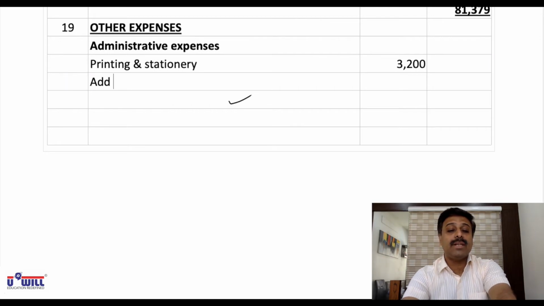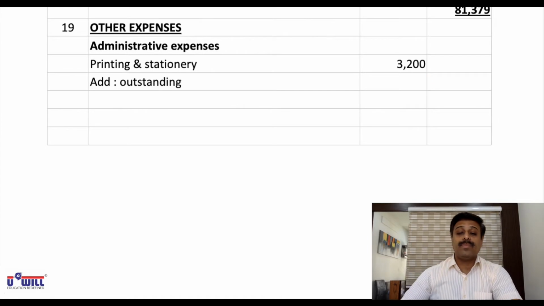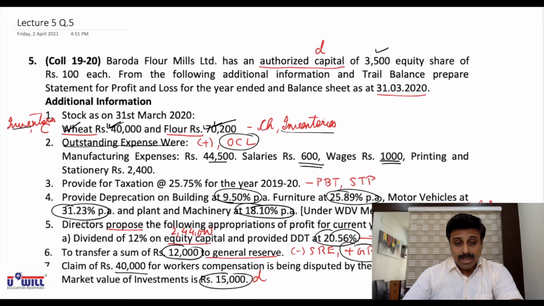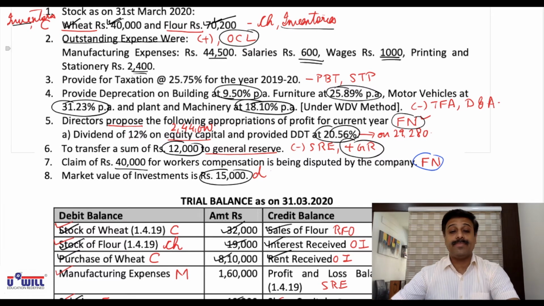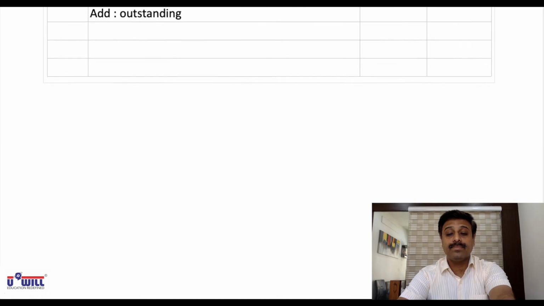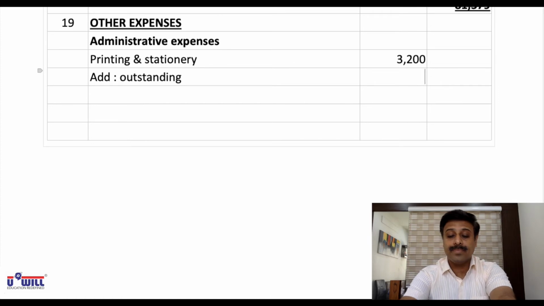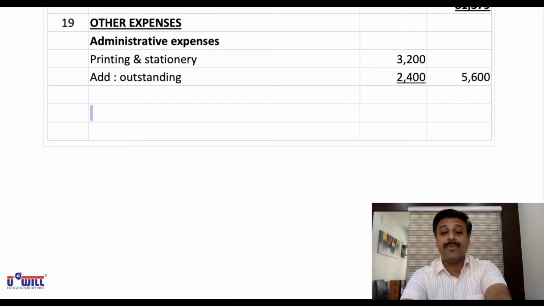Plus adjustment is outstanding. So in the adjustment to printing and stationery, what is outstanding? 2,400. So outer column 5,600.